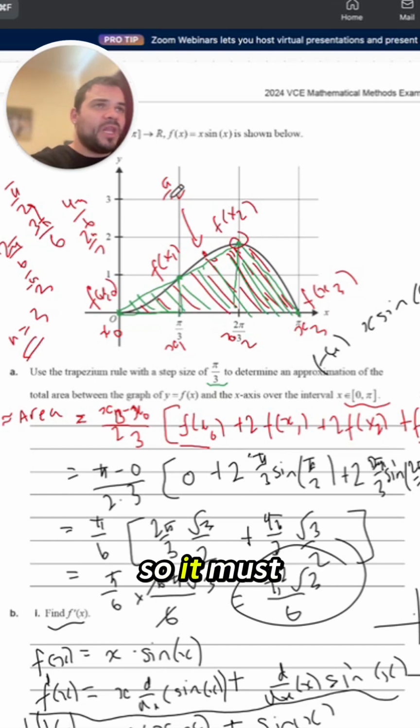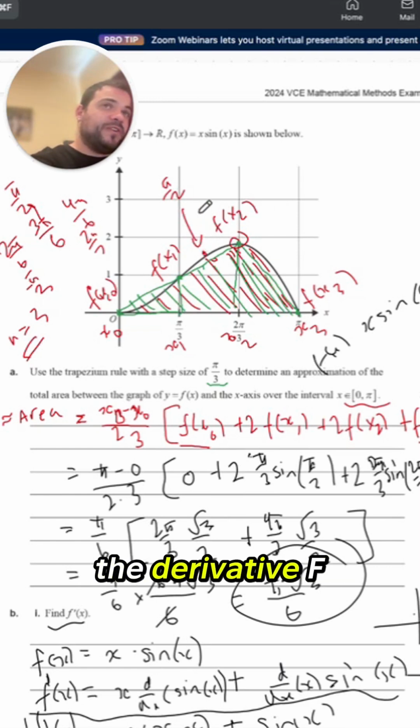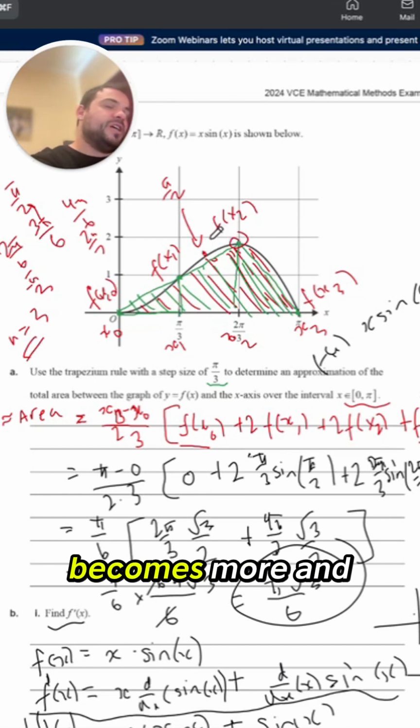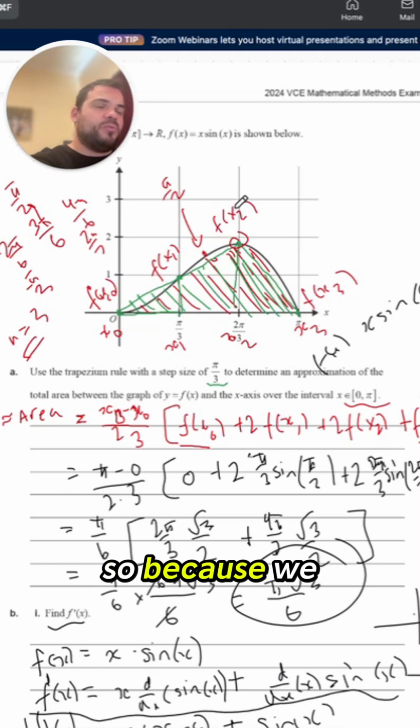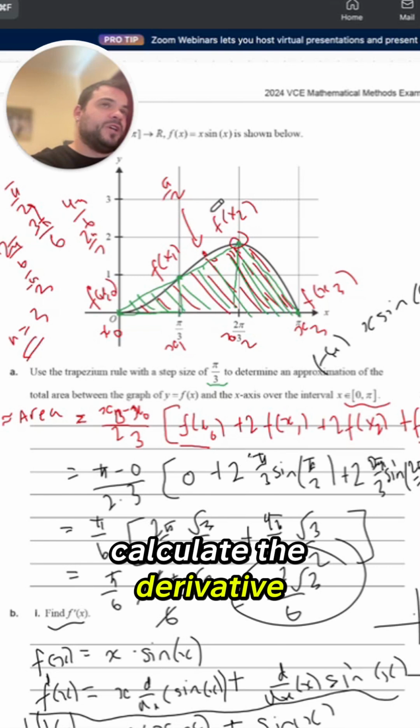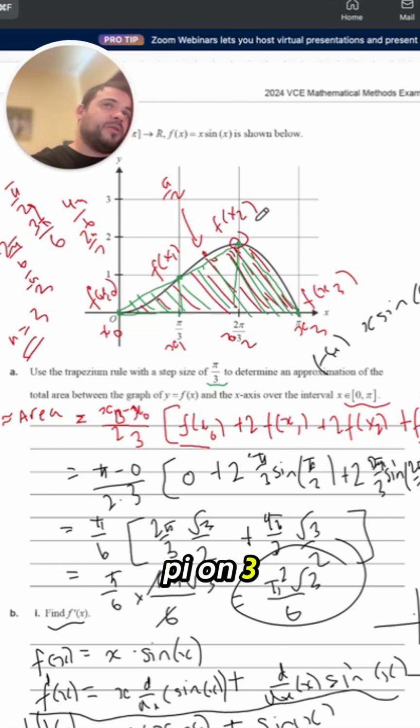So it must be that we start at pi on 2 and move to the right. The gradient is at its maximum value. The derivative f dash of x is at its maximum value at pi on 2. And then it becomes more and more negative the further to the right we move. So because we know that the gradient is strictly decreasing on the interval, we can just calculate the derivative at pi on 2 and 2 pi on 3.